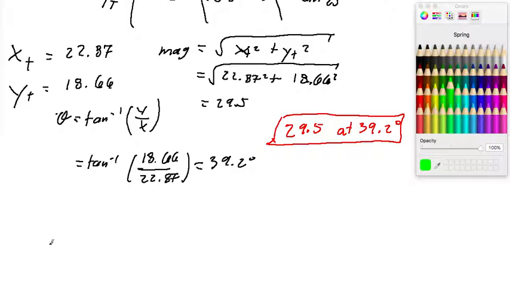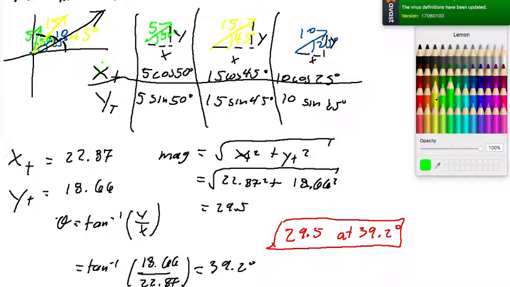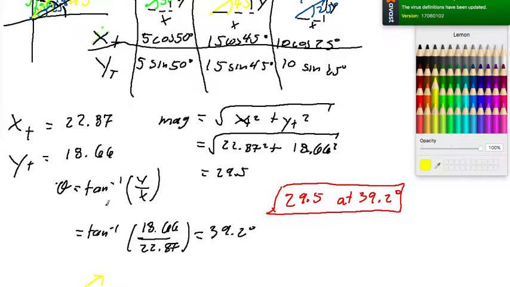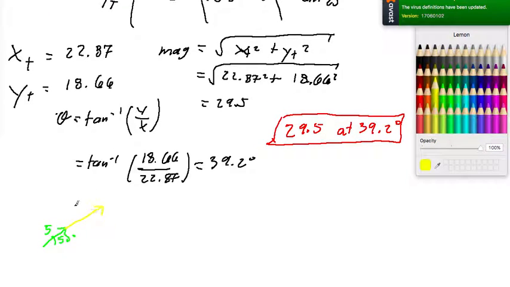Your vector 5 at a 50-degree angle, then your yellow vector, or your second vector, 15 at 45. I apologize, I said 15 degrees, I meant 15 units at a 45-degree angle.